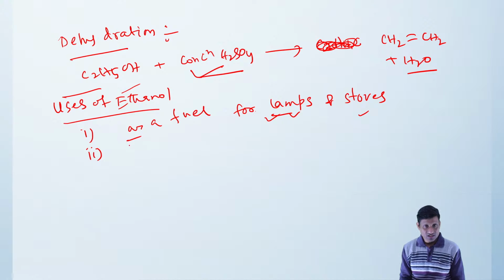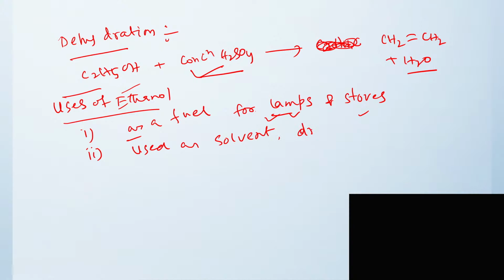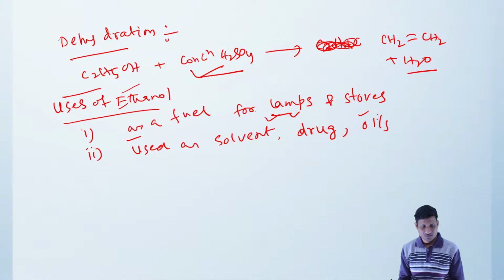Okay, so not only that, a large amount of alcohol is used as a solvent for various organic reactions, and not only that, for drug molecules, and also oils, perfume. हम जो परफ्यूम यूज करते हैं तो उसमें भी मतलब अल्कोहल मिलावट रहता है.